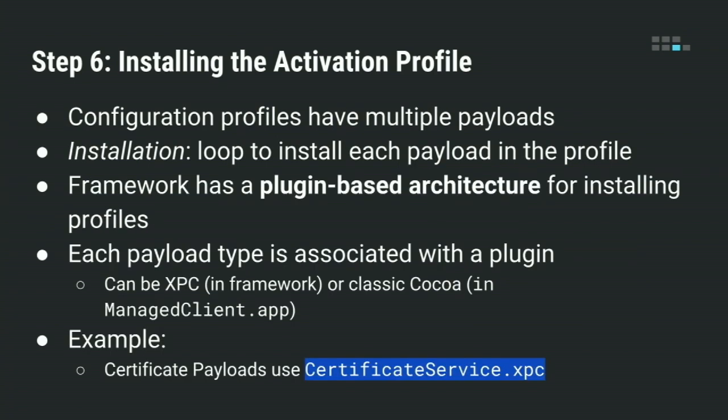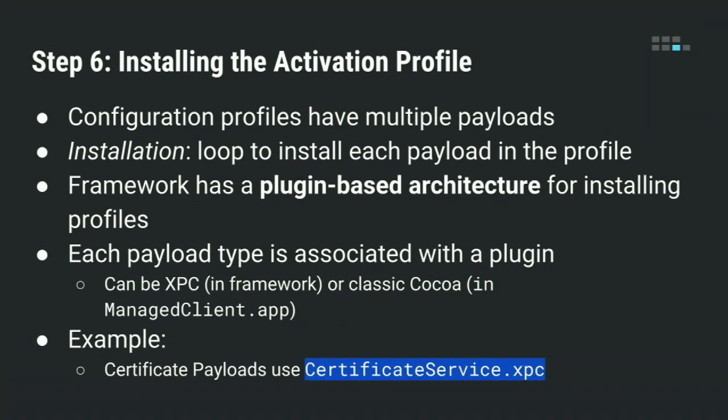So a quick refresher on configuration profiles. They are these large XML documents. They can contain multiple payloads. And the installation of a profile essentially amounts to looping over the payloads and installing each one at a time. Now, the framework to do so has a plugin-based architecture. Each payload type is associated with a plugin.